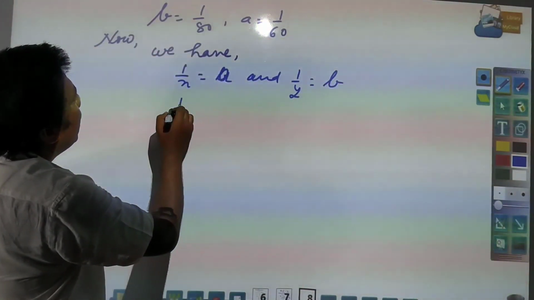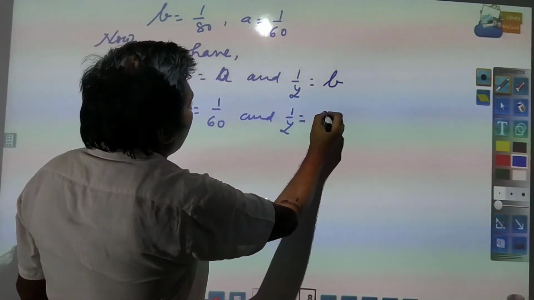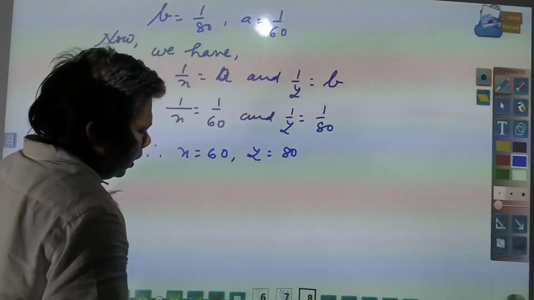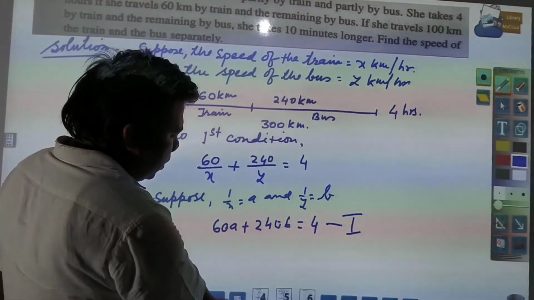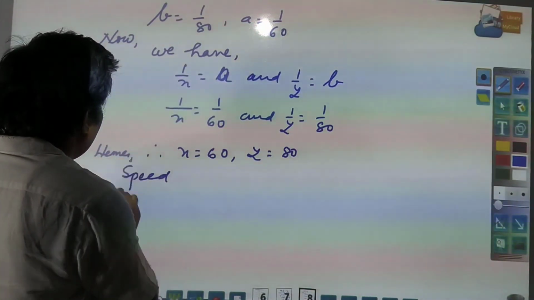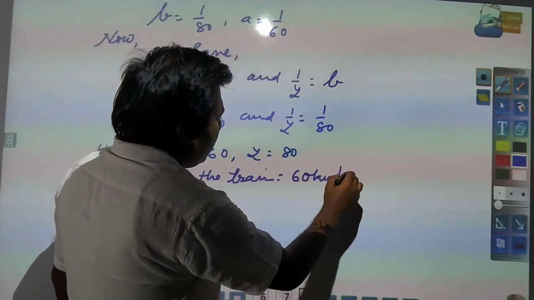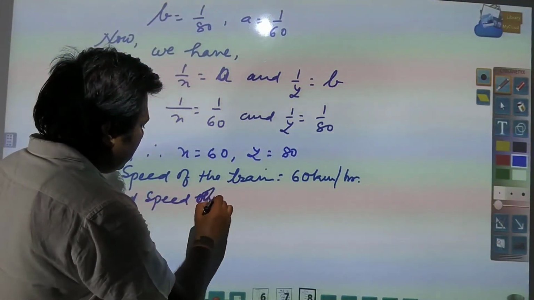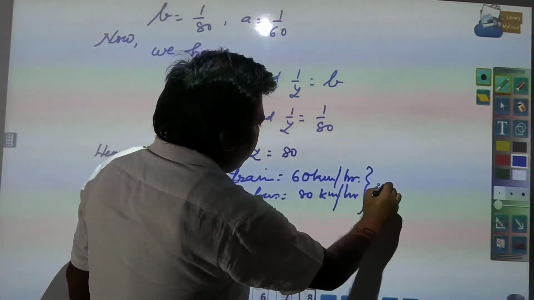So 1 by x is equal to 1 by 60 and 1 by y is equal to 1 by 80, and therefore x will be 60 and y will be 80, and hence the speed of the train and speed of the bus, what we will have: speed of the train will be 60 kilometer per hour and speed of the bus is equal to 80 kilometer per hour, and this will be your answer.